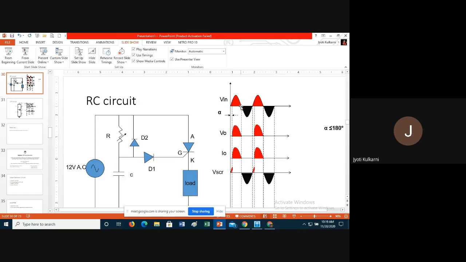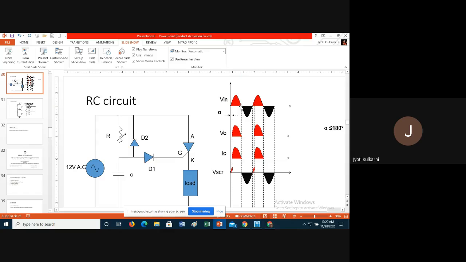It means at that point the SCR turns off, or commutates, naturally. That's why this is called natural commutation. We get natural commutation only when the input voltage is a sinusoidal AC voltage, that is, whenever the input to the application is AC.